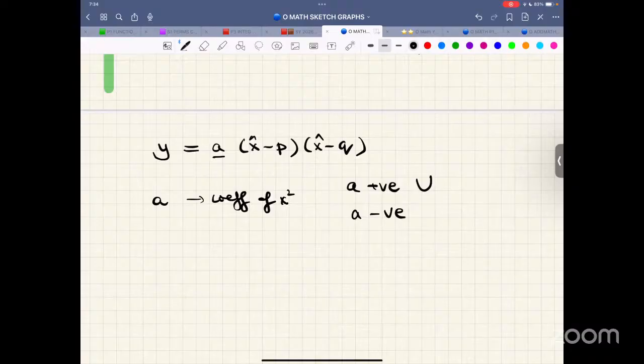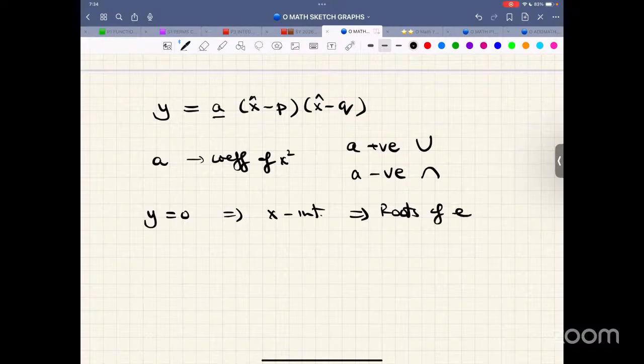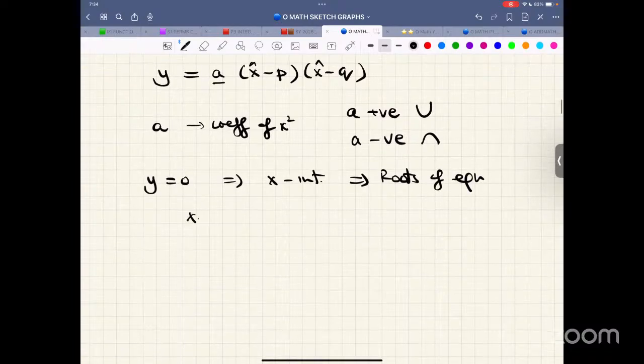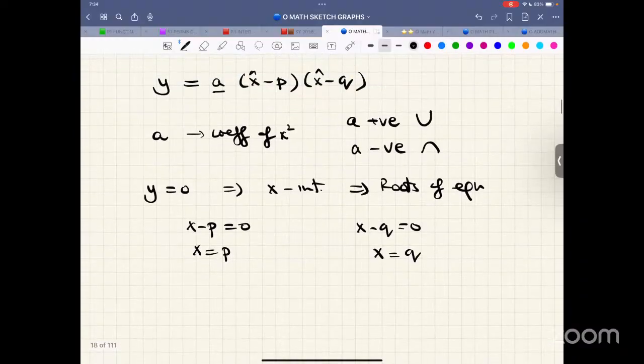If a is negative, that's the shape. And when y is equal to 0, you get x-intercepts. They are also called the roots of the equation. x minus p equals 0, x is p; x minus q equals 0, x is q. These are the roots of the equation.